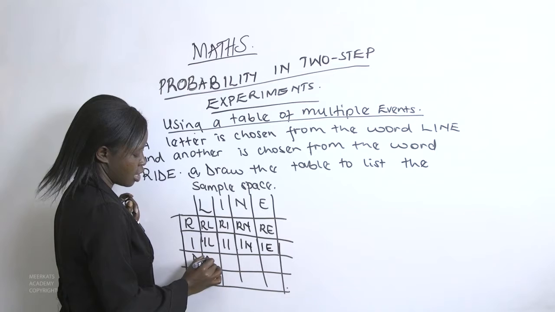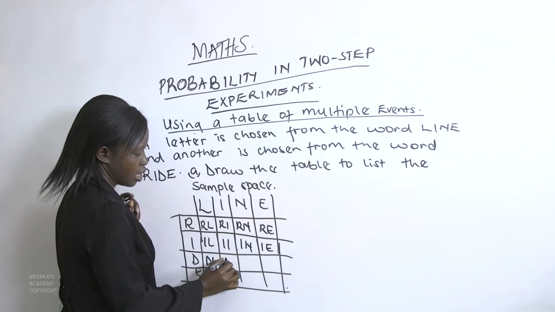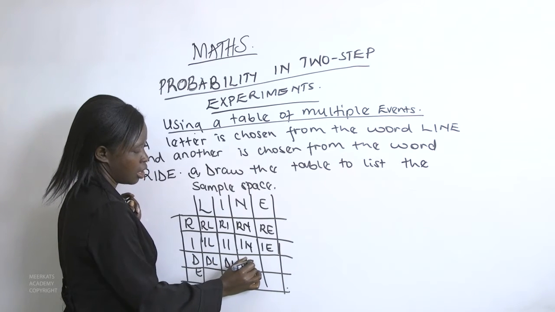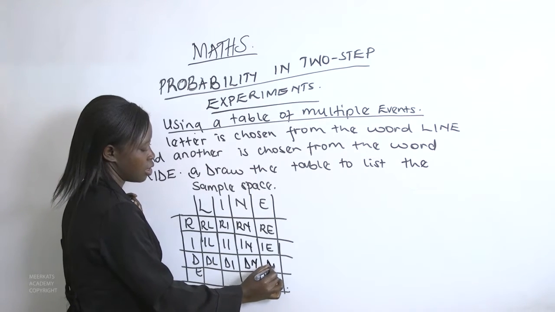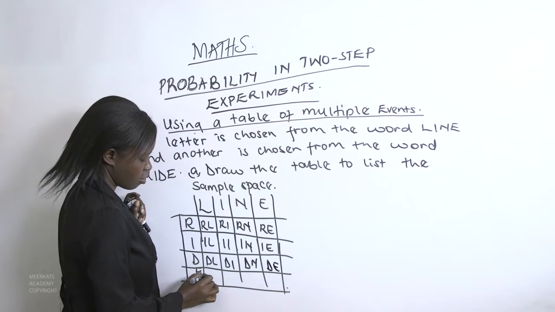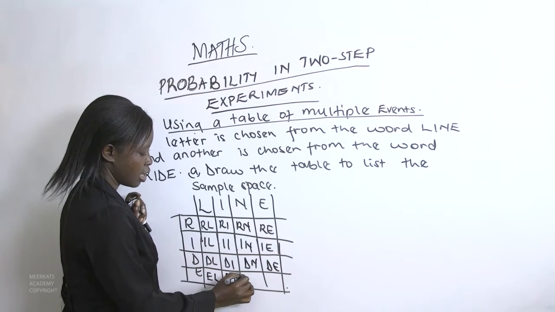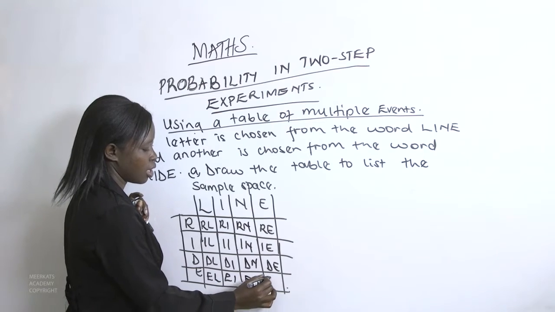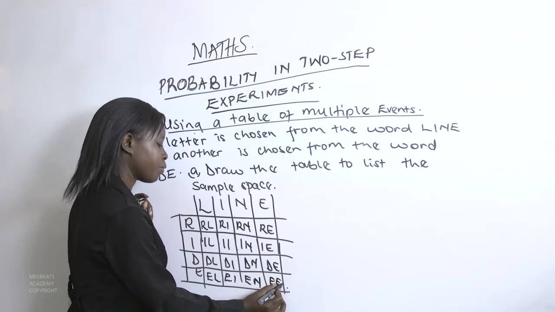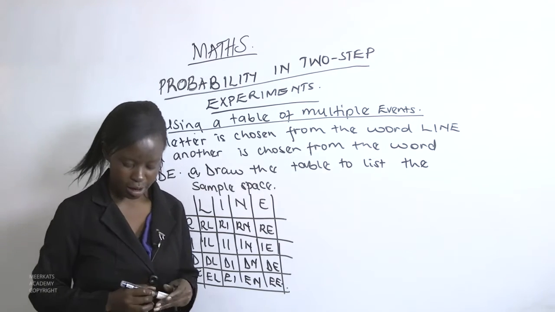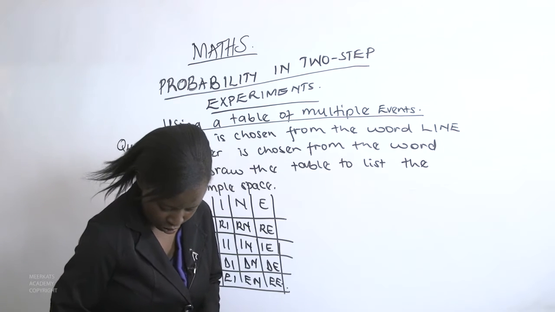Then we have DL, DI, DN, and DE. Finally, we have EL, EI, EN, and EE.